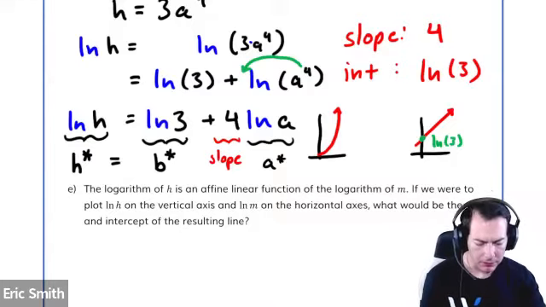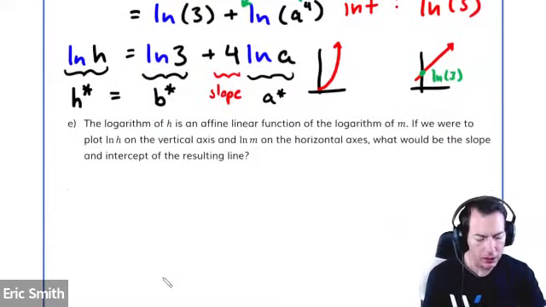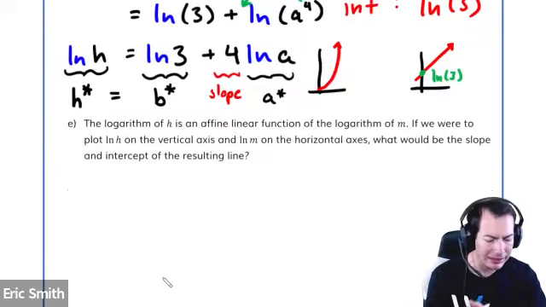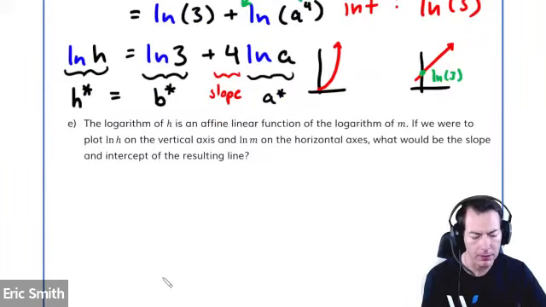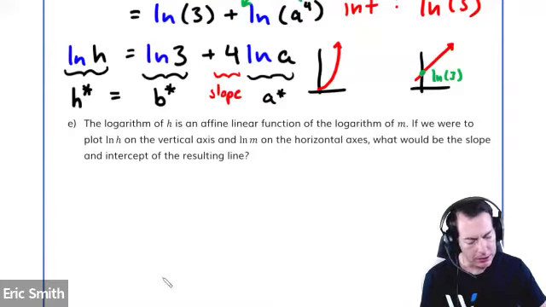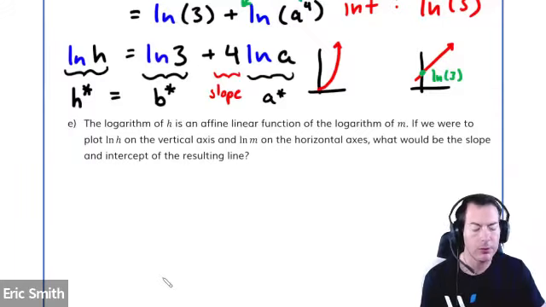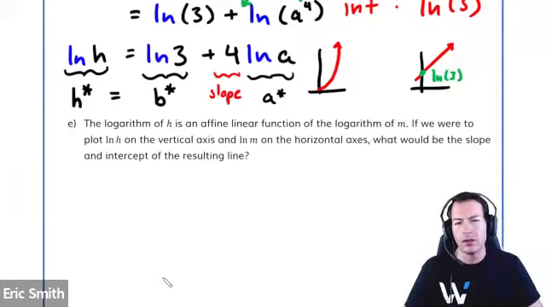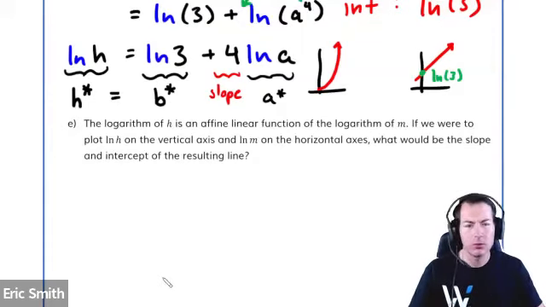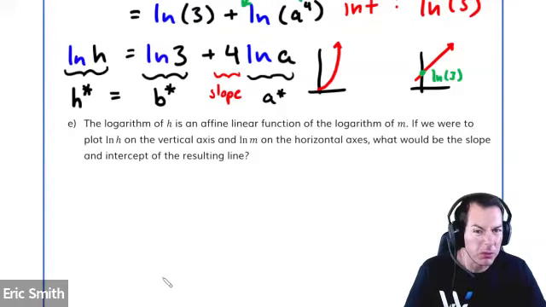The last part of this is really interesting. It says that the logarithm of h is an affine linear function of the logarithm of m. If we were to plot the natural log of h on a vertical axis and the natural log of m on a horizontal axis, what would be the slope and the intercept of the resulting line? So there's a lot to unpackage about what exactly we're doing with this equation, and then of course a little bit of work to do.